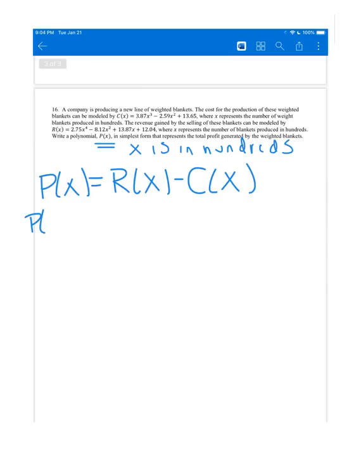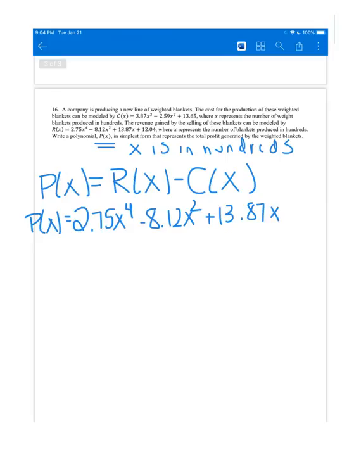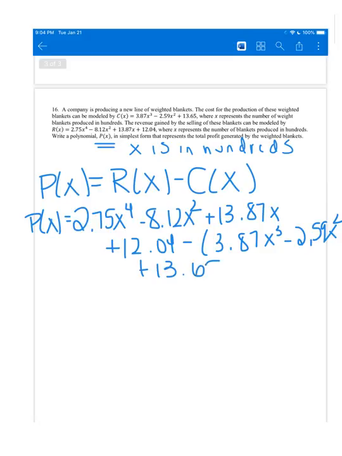So P of x is equal to the revenue, 2.75 x to the 4 minus 8.12 x squared, minus, make sure you subtract all of C of x. So 3.87 x to the third minus 2.59 x squared, and then plus 13.65, close the parenthesis. You distribute the negative to everything.